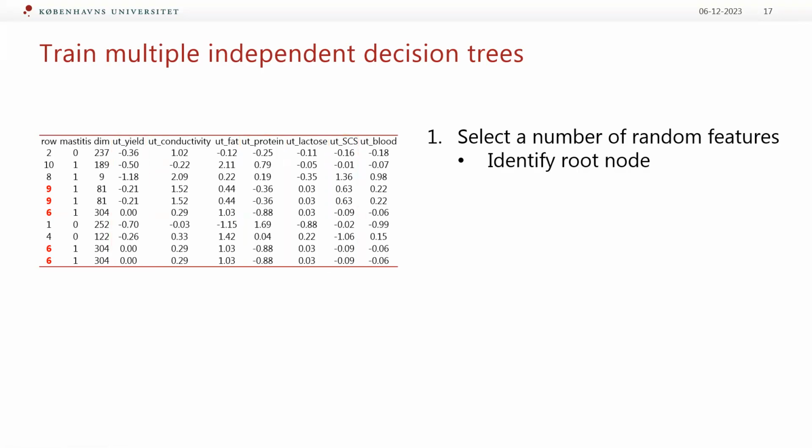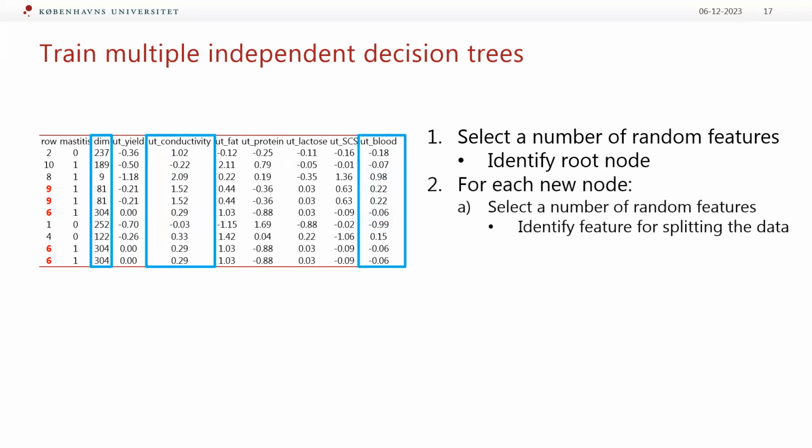Okay. The second step is then for each of the internal nodes resulting from the first split, we again randomly select 3 variables and select which of these 3 variables is the best for making the next split.